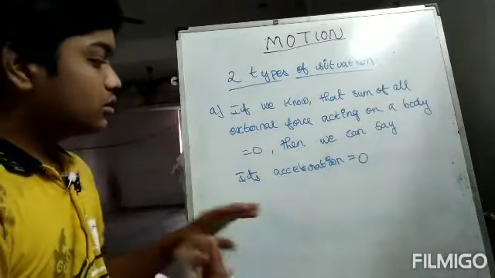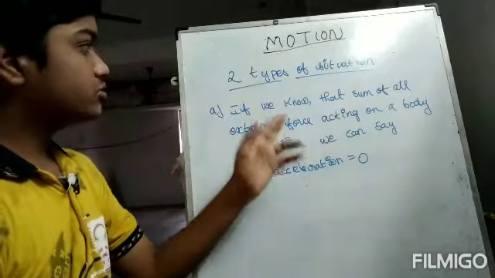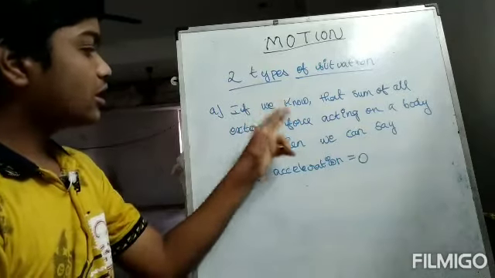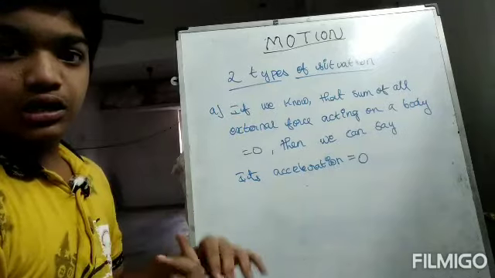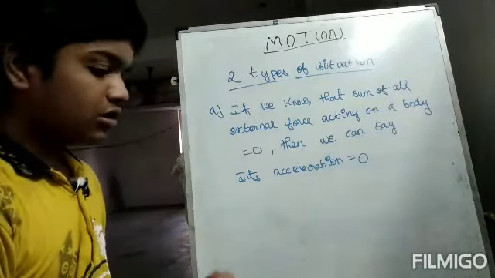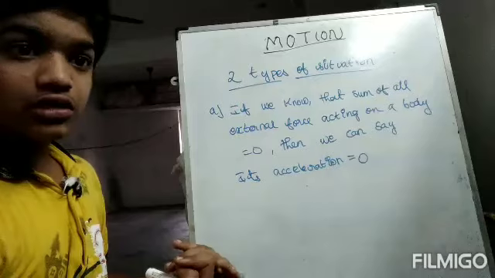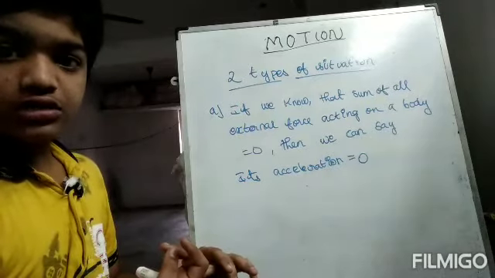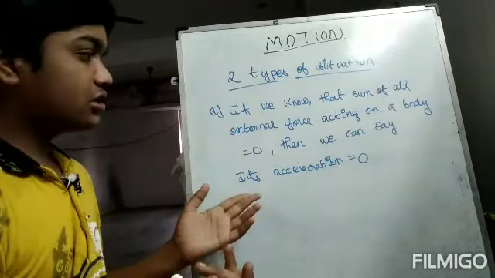Then the acceleration of the body will also be 0. The external forces are many, like gravity. When we keep a ball on a table, gravity is an external force and the table gives an external force. These we can call external forces.